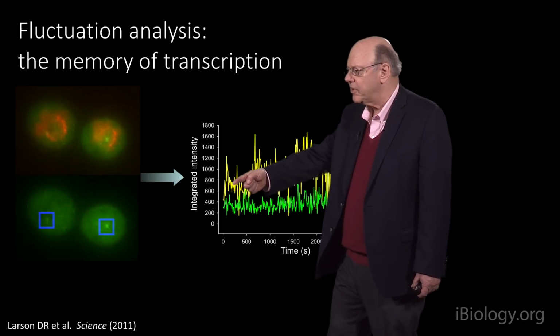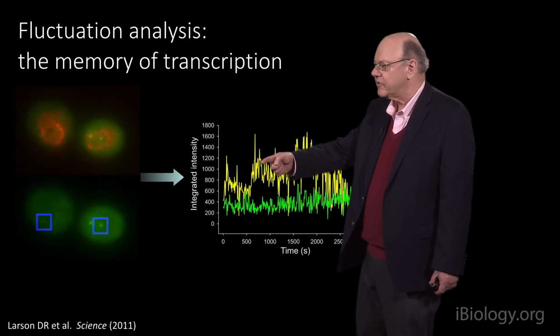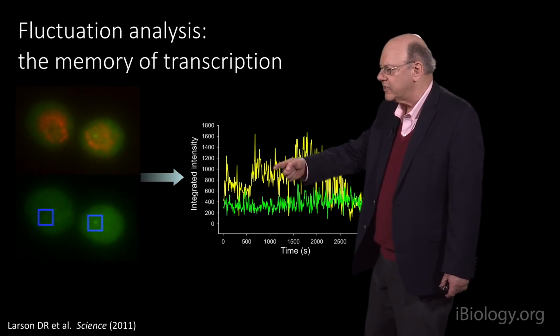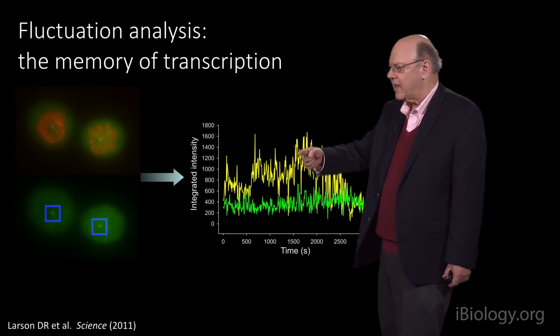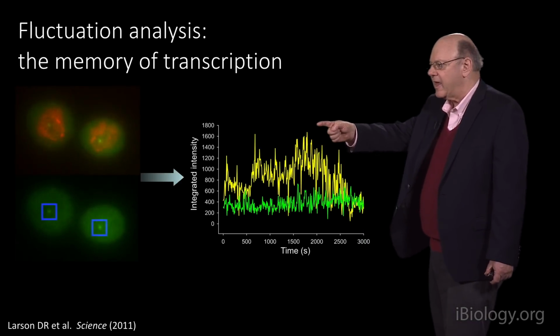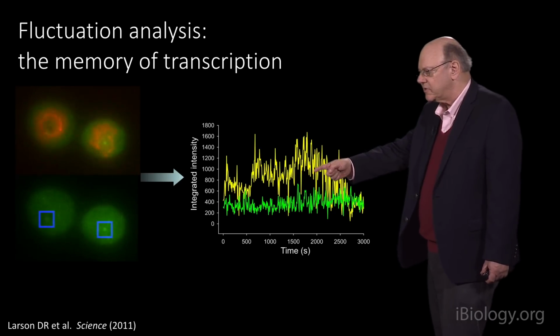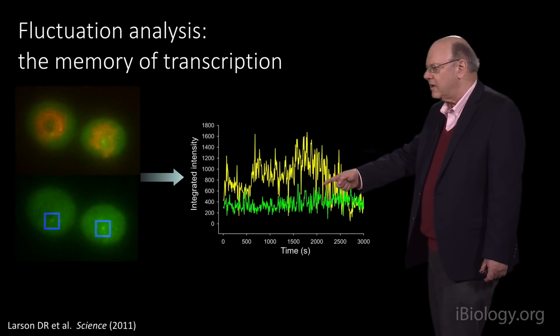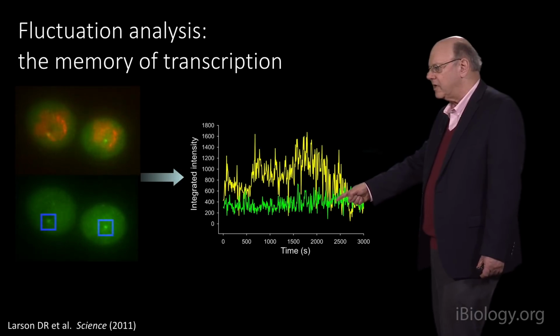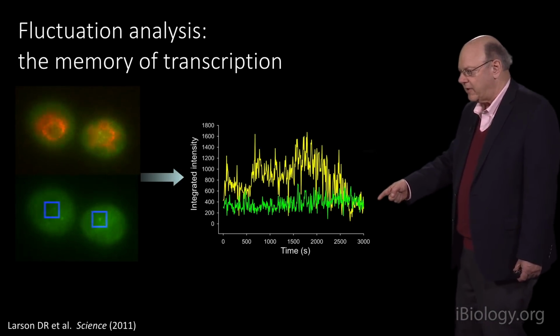So you can see a polymerase gets on and it starts to make an RNA, and then suddenly there's a jump up as a second polymerase gets on, and it makes an RNA too. So it's making this RNA, and a third polymerase gets on right here, and then over the next 20 minutes or so, the RNAs fall off the end of the gene, and the whole gene goes down to a baseline level right here.